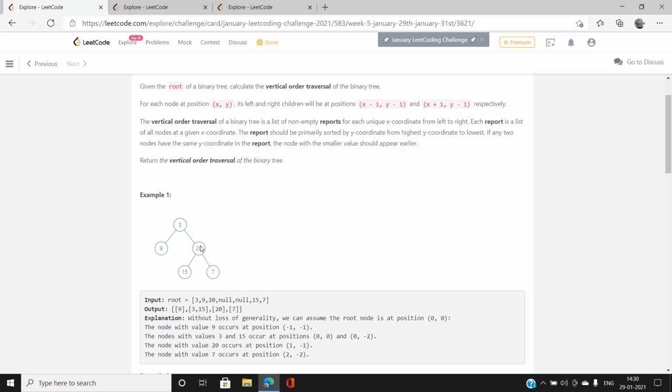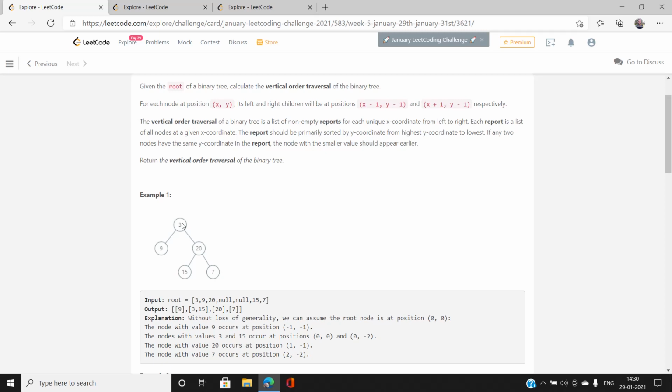Starting from the root node, whenever we move to the right child node, our x coordinate will increase, and whenever we move to the left child node, our x coordinate will decrease. Whenever we move down to any left or right child, our y coordinate will increase.